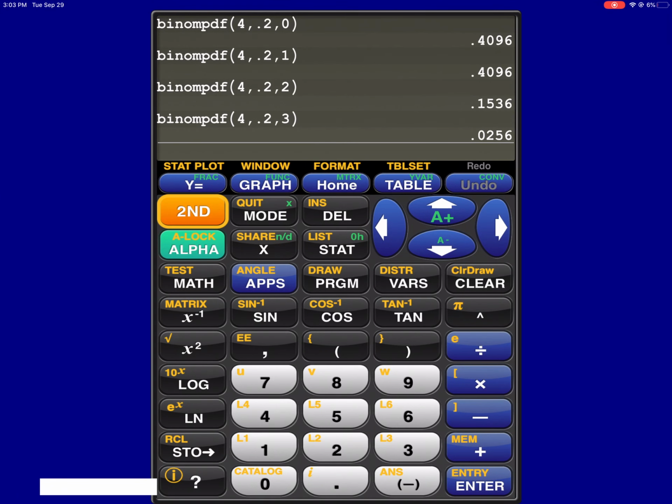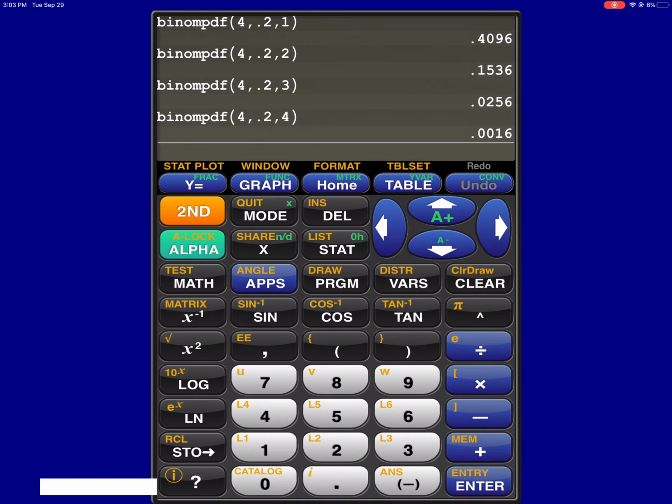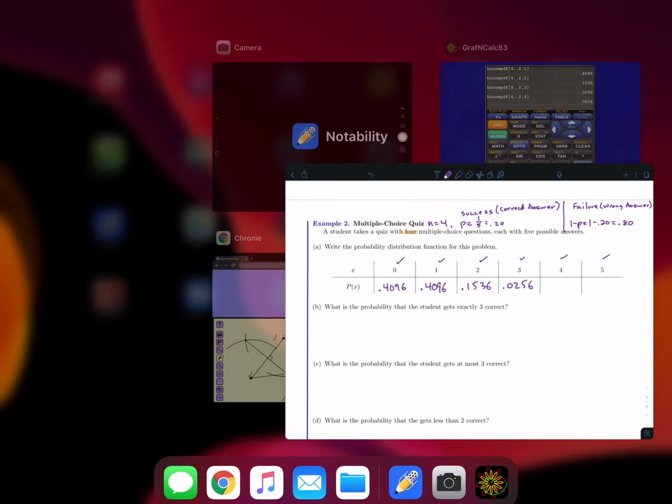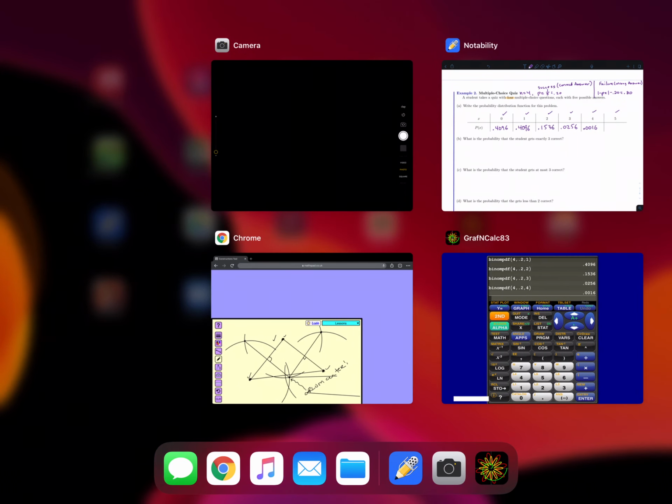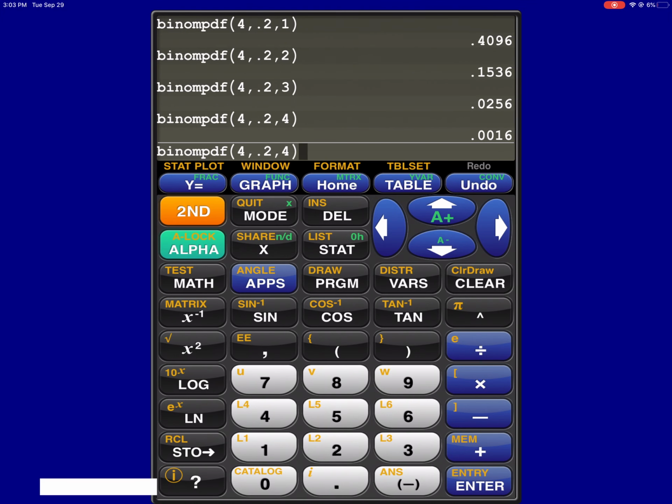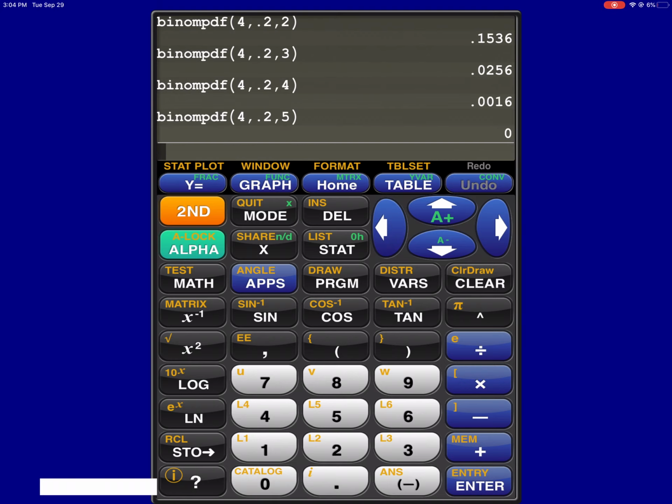So let's do 4. 0.0016. And then finally, oops, do 5. And so according to this, I've got a 0% chance.